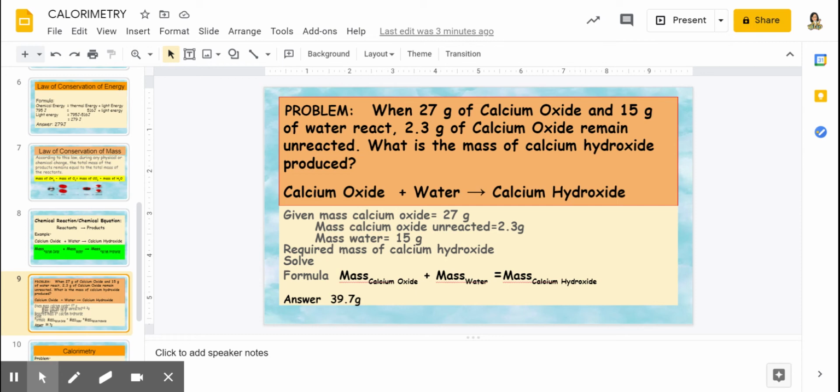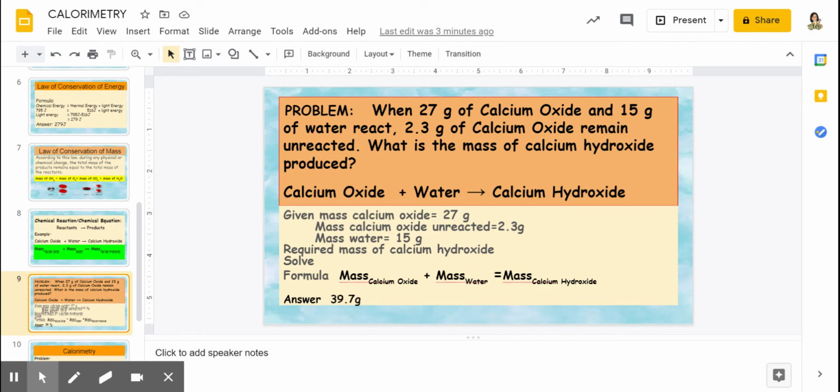So you just use your formula for this. 27 minus 2.3, which is the mass of calcium oxide, plus 15 is equal to 39.7, and whatever the mass of calcium oxide and mass of water is, that will be the mass of calcium hydroxide.